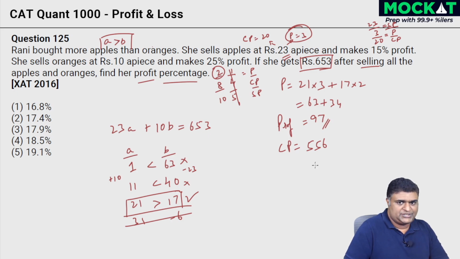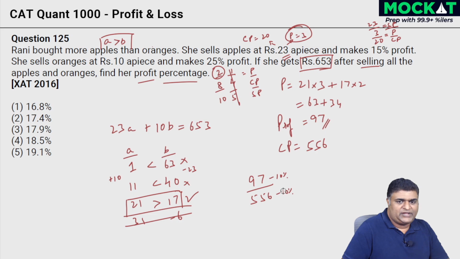Now, what is the profit percentage over here? How do you do this a little quickly? Let's say you have no calculator again. Look at this, 97 by 556. Now, I want to make adjustments so that I bring this close to 500. If I subtract 10% of 556, I have to subtract 10% of 97 also for the equation to remain.